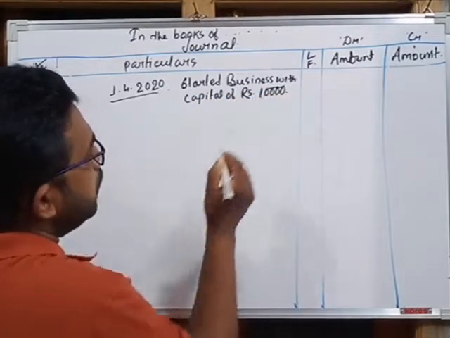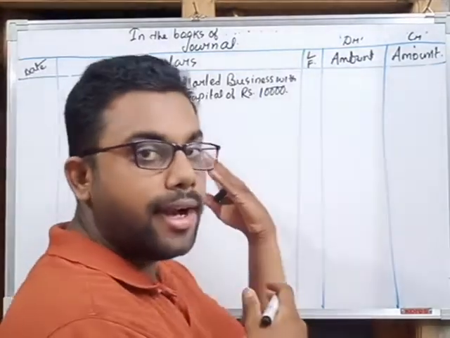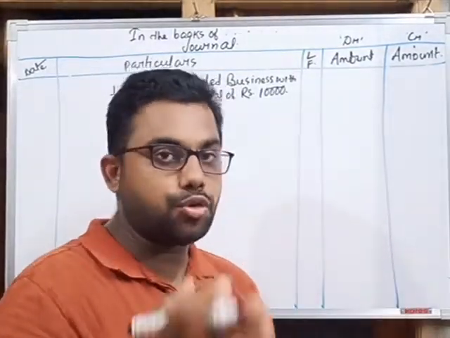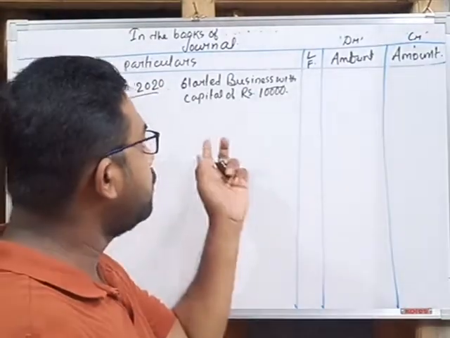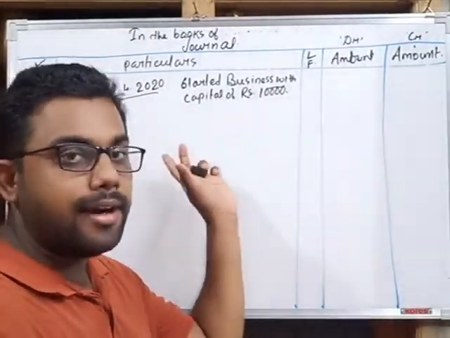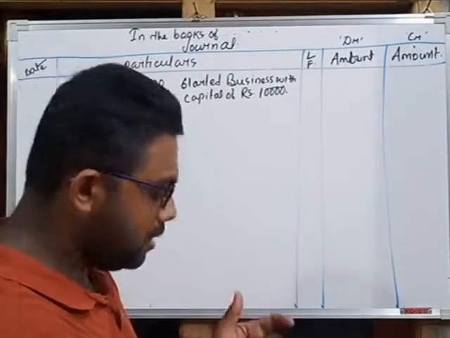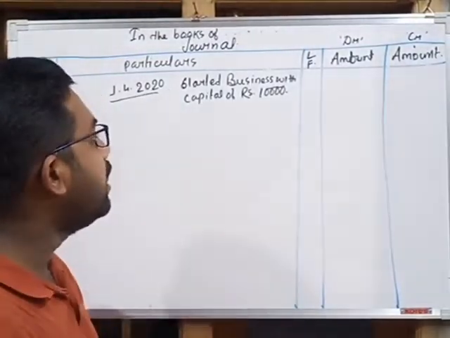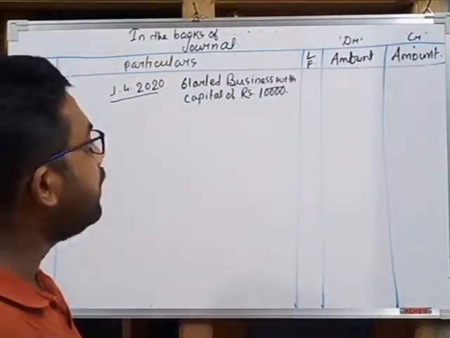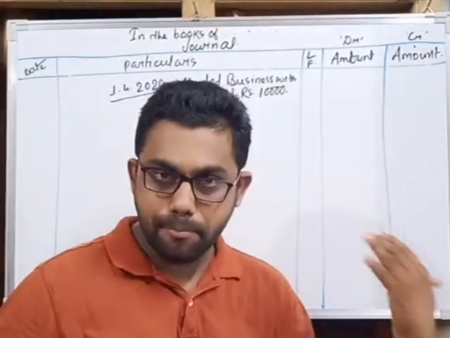Whenever I write a transaction, you should write it in your copy at the same time, and then we will give the journal entry for this transaction in our journal. So what is the first transaction? Started business with capital of rupees 10,000.